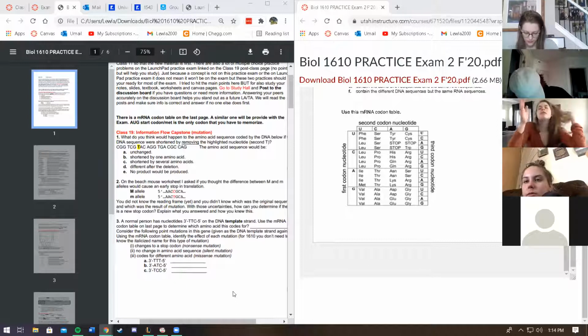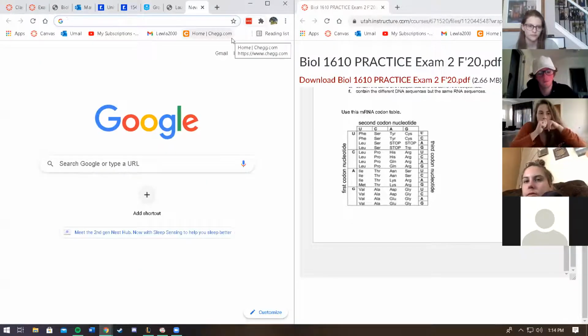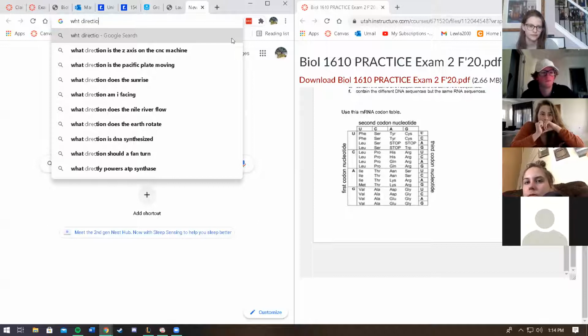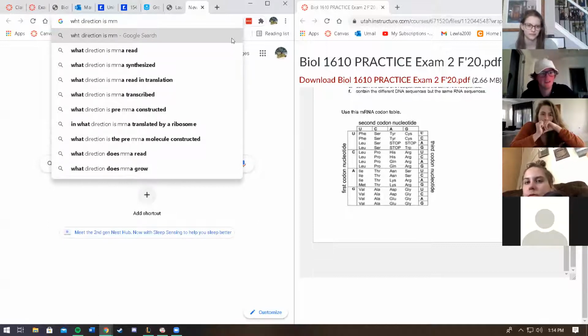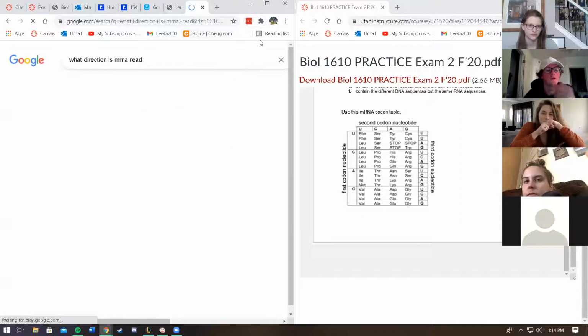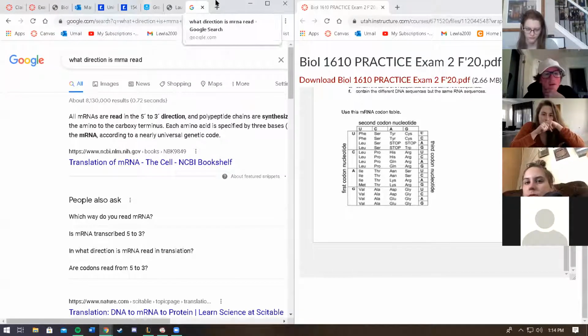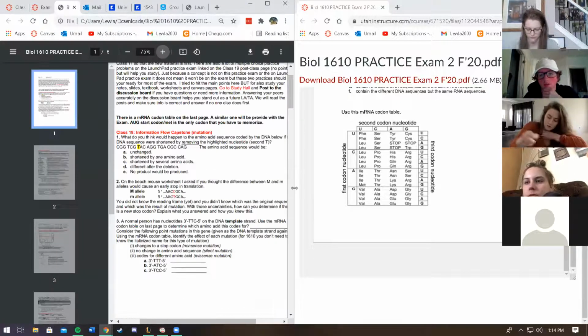Is there a certain direction you read mRNA? Or does it change based off the information? Hold on, I'll check it. Oh, 5' to 3'. So we transcribe it from DNA to RNA and then we flip it.